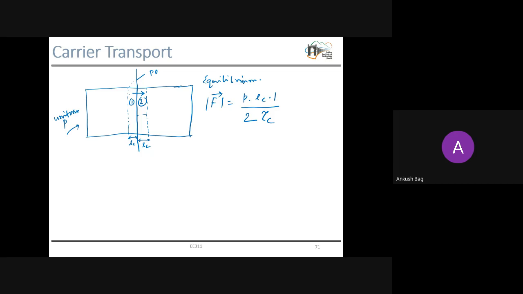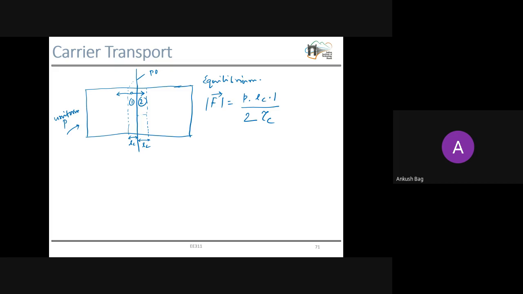Because we are considering only the carriers coming from 1 to 2, and at the same time we are calculating this flux in case of equilibrium. So we also need to consider that an equal number of carriers will go from right to left. Otherwise, if we simply consider p L c divided by tau c, we are considering only single-directed carriers.